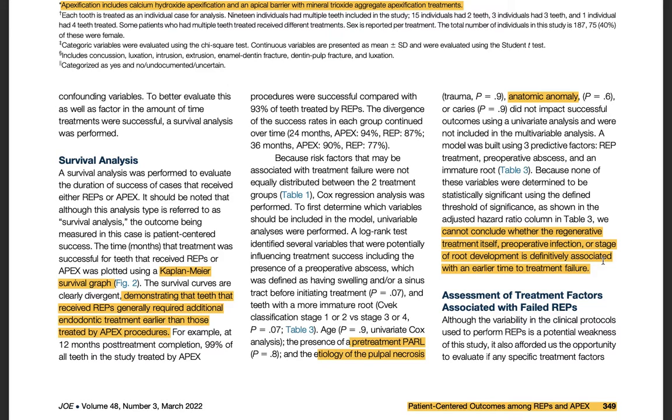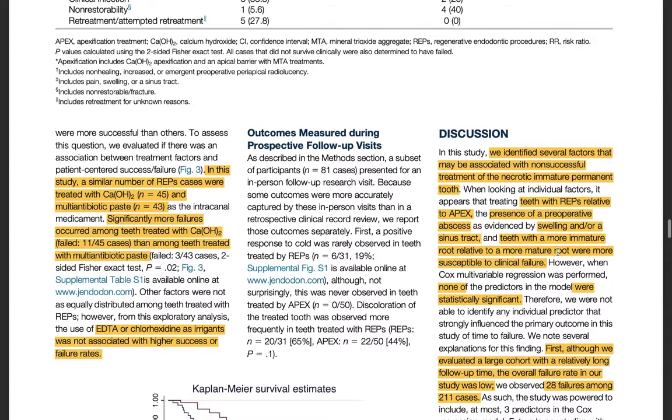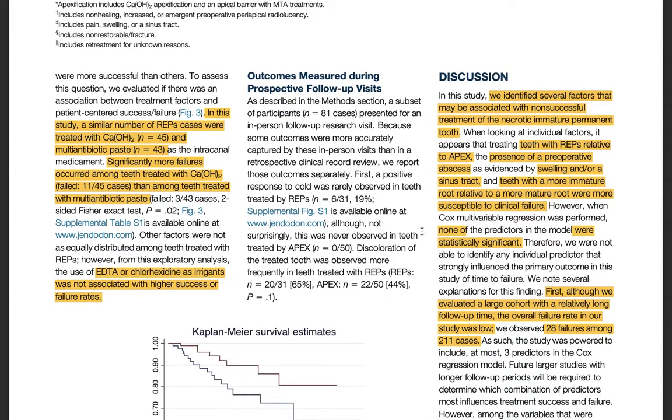But still they could not definitely conclude whether they are 100% associated with the earlier time for treatment failure, but they are the most susceptible causes for this failure. Also, going back to the type of procedure itself, it is the most susceptible cause.